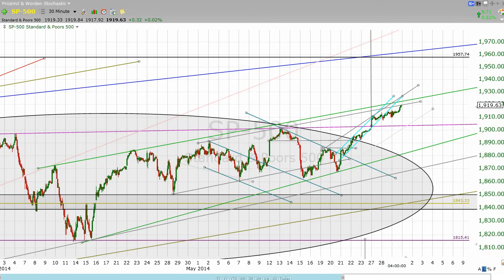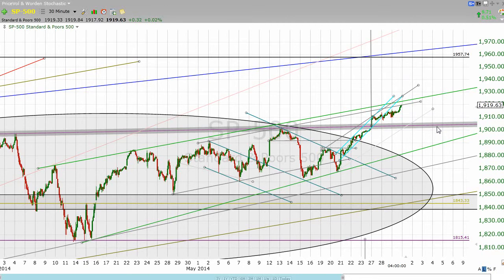Okay, starting out here on a 30-minute chart, just a couple things I want to show you. We were up about 0.5% today, closed near the highs of the day. We are now at 1919 and change, which is technically significantly over that 1900.